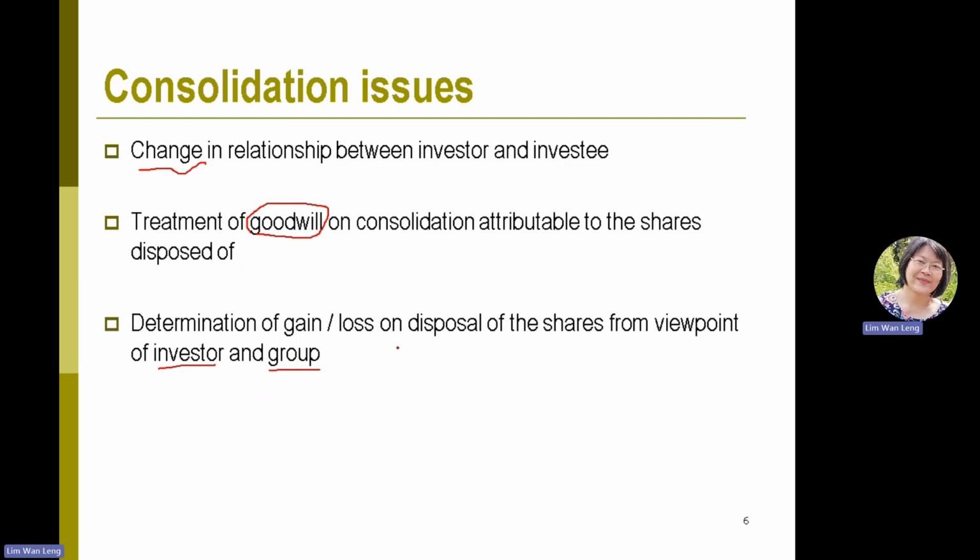So you will see that later in the class illustration that I uploaded yesterday, we sometimes require you to calculate gain or loss on disposal from the investor's view. Investor means whatever figure that will appear in the books of the holdings.